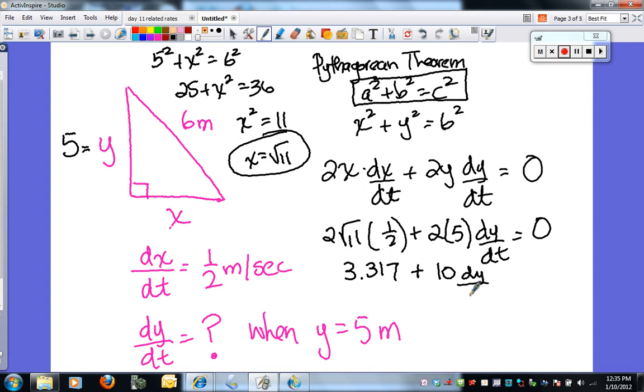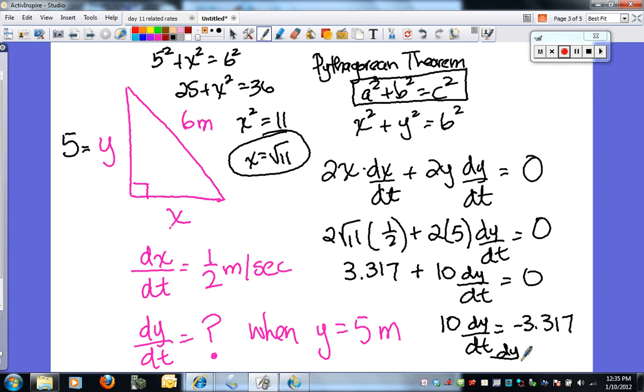dy/dt equals 0. So I'm going to subtract 3.317 from both sides and get 10 times dy/dt equals negative 3.317. Divide both sides by 10 in order to get my dy/dt.